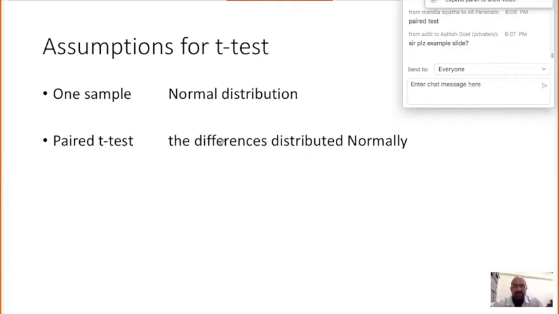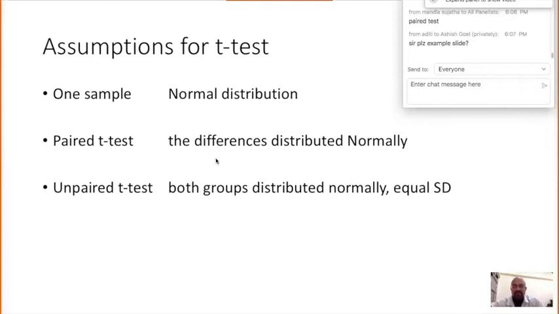That is what we assume. And similarly, when we use the unpaired t-test, then we believe that both the groups are distributed normally, and in addition, both the groups have an equal standard deviation.